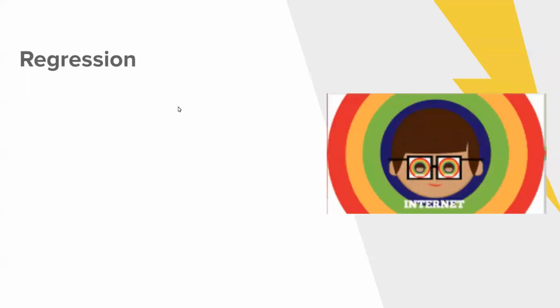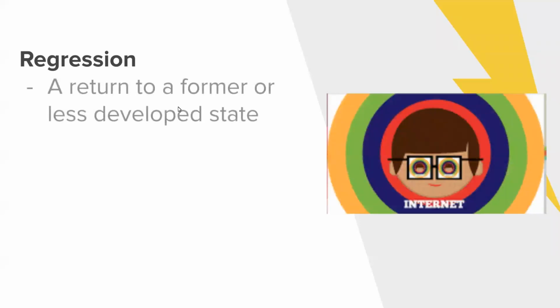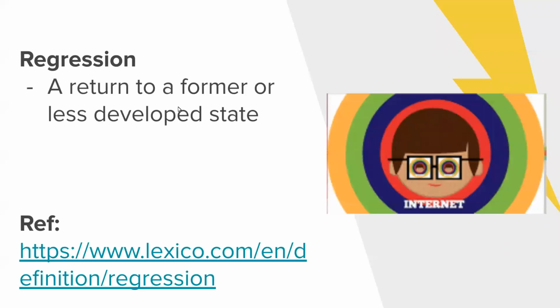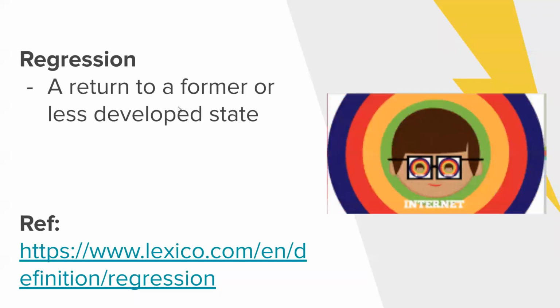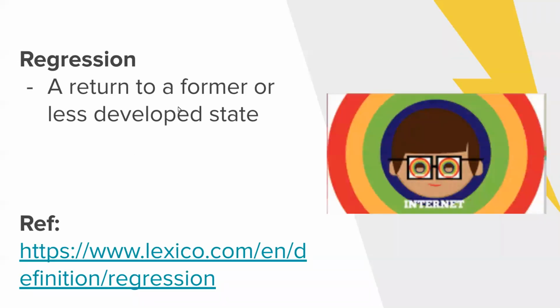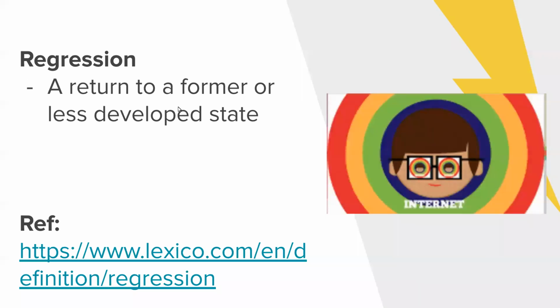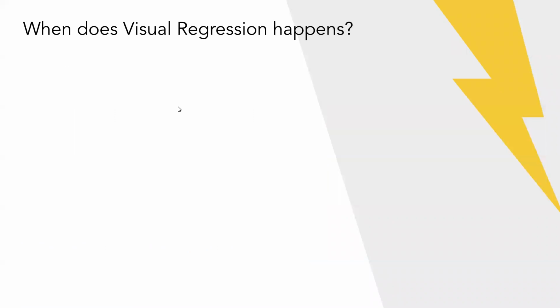So, what is regression? By definition of lexico.com, it's a return to a former state or less developed state. So when this visual regression happens, usually it happens on PHP version updates.